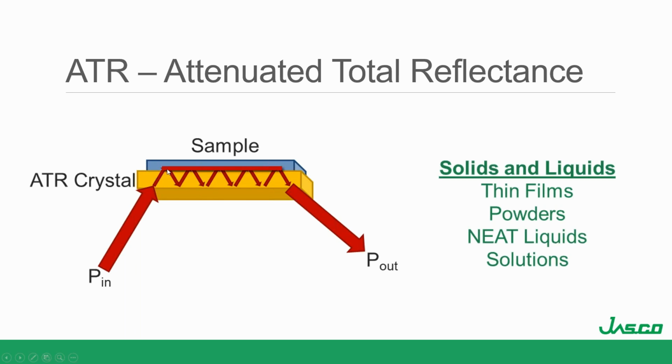And as it's bouncing, it actually creates an evanescent wave where the sample meets it. So that's why it's called attenuated total reflectance, or ATR. The sample prep on this is very easy. Most of the time, you just put the sample on the surface, and if it's a solid, you put down a clamp. If it's a liquid, you don't have to do anything. And then you take your spectrum.